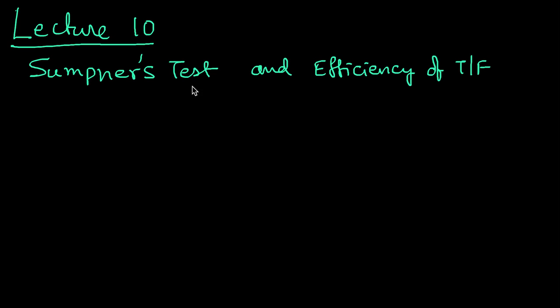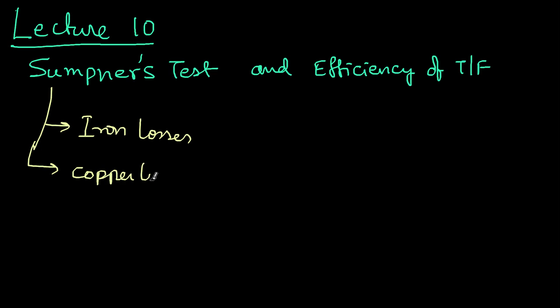The first one I'll take up is Sumpner's test. Now, why is the Sumpner test done? What is the purpose? The Sumpner's test is done to determine iron losses and copper losses for very large transformers.